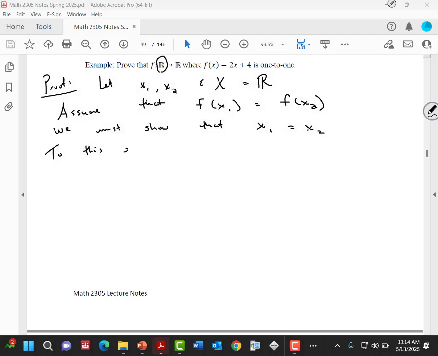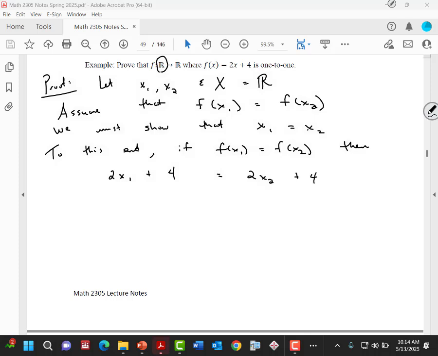So, to this end, if f of x1 equals f of x2, then 2x1 plus 4 equals 2x2 plus 4.